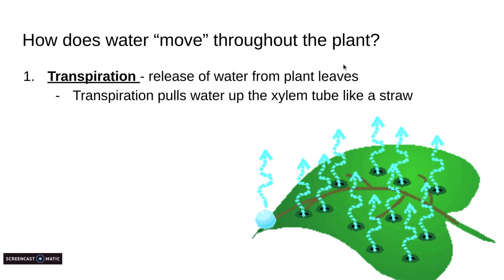And so transpiration is just that evaporation. Think about when you drink out of a straw, okay? If you suck some of that liquid out of the top of the straw, the rest of the liquid moves up. Well, water moves in the same way. So transpiration, because some water is leaving, the rest of the water gets sucked up to fill that empty space.